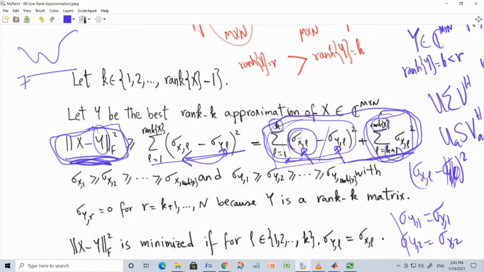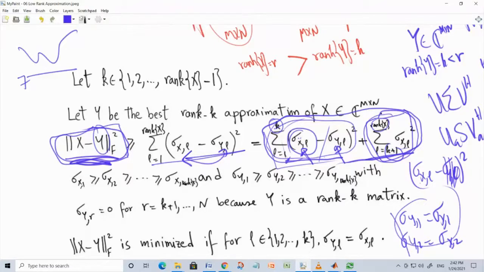So by having a lower bound on the square of the Frobenius norm, this is not enough to make the claim that this assignment of values is our solution.